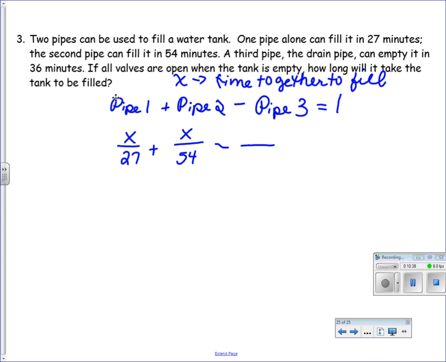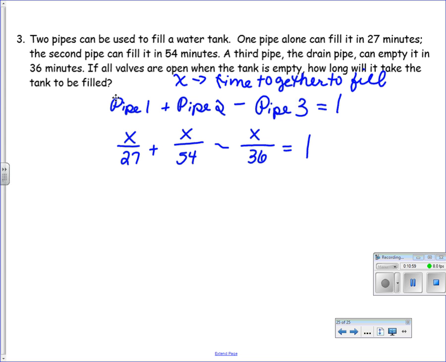Next, subtract x over 36, the time for the drainage pipe. And again, it's going to equal 1 because we're wanting one full tank. This one's a little bit harder because we have to come up with a common denominator.